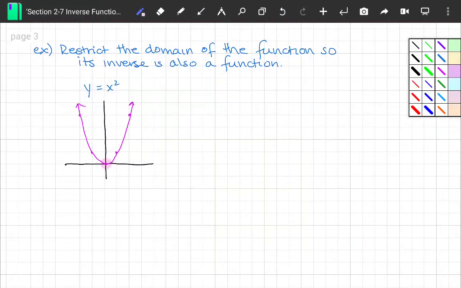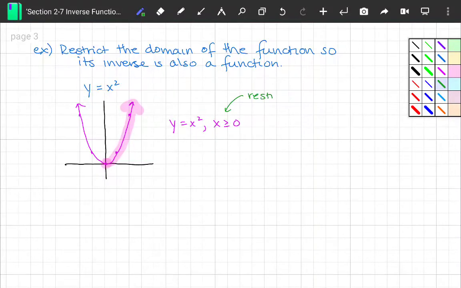If we just pick the positive values of x, then that stays away from the negatives, and it makes an inverse function. So if we say y equals x squared, but only look when x is greater than or equal to 0, that is restricting the domain.